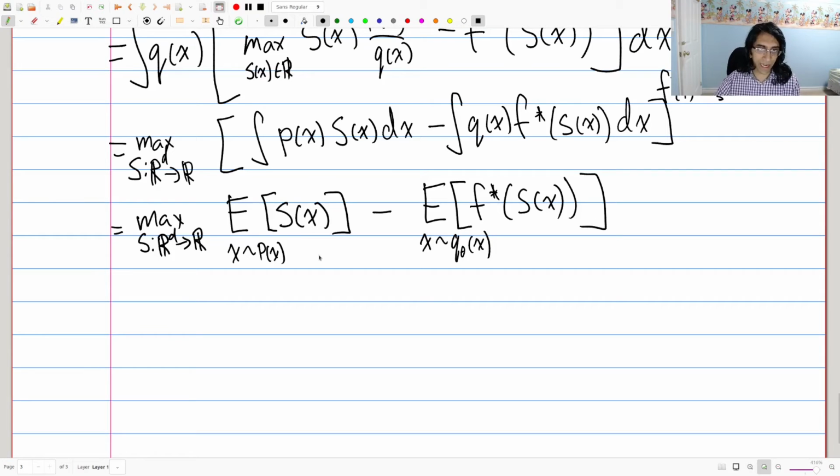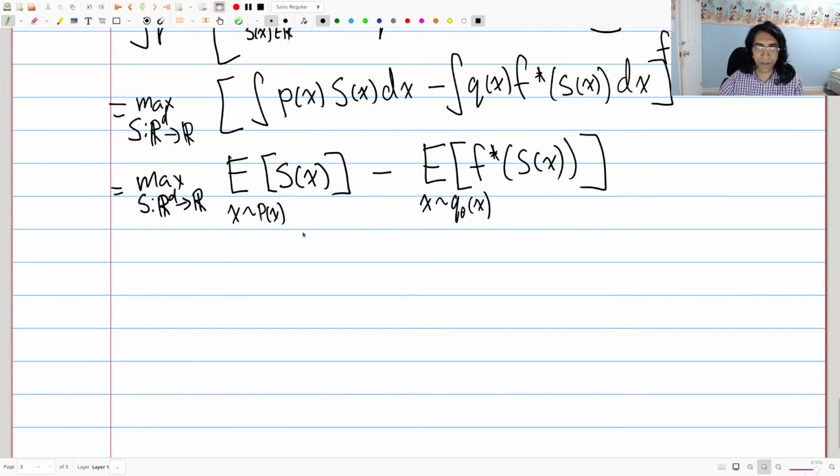This is actually where the whole idea of GANs comes in: you can think of this s as a function that distinguishes between these two types of samples. And so this s is really going to be the neural network, which is the discriminator.